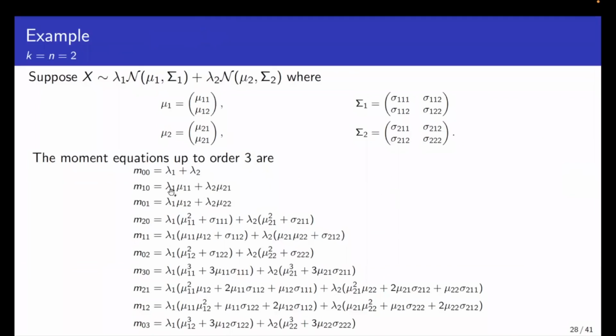The first thing is there's no longer a unique moment equation of each order. For instance, here we have 2 moment equations of order 1, 3 of order 2, 4 of order 3, and so on. So it's not even clear how to select what moment equations to use. In addition, once you're in 3-dimensional space, it's been shown that these moment equations no longer form a complete intersection.